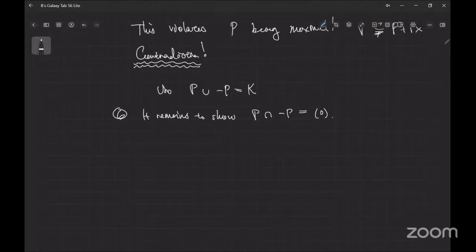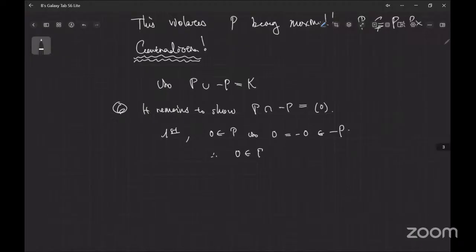Okay, so firstly, zero is in P, so zero, which is equal to negative zero, is in negative P. Therefore, zero is indeed in their intersection. Okay, obviously.